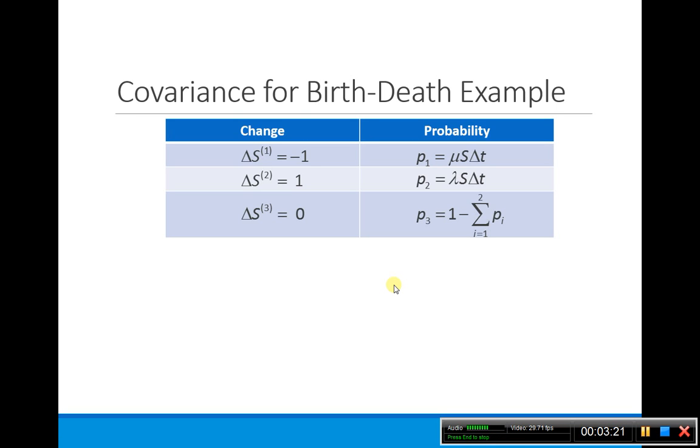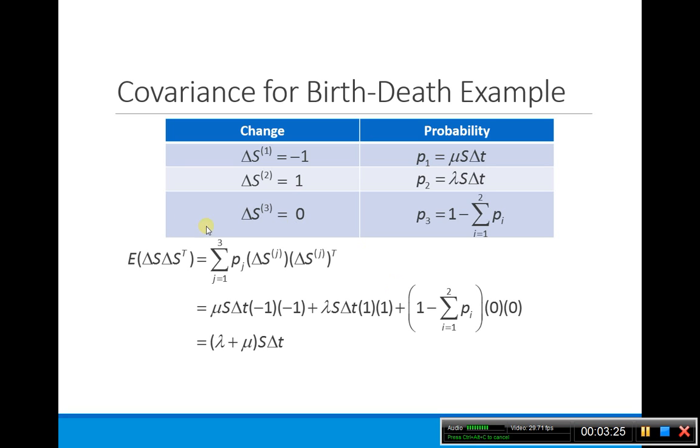For our birth-death example, again, this table comes in handy. When we calculate E of delta S delta S transpose, we have the probability times the change times the change transposed. Looking at this one, the probability is mu S delta t. Our change is -1, and our change transpose is again -1, because here we just have a one compartment system.